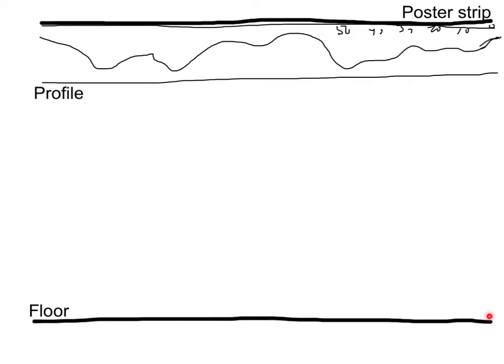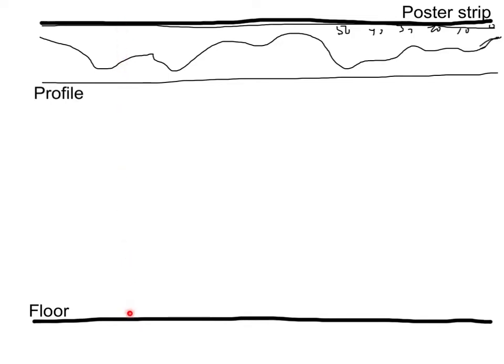So first, before we start doing any measurements at all, we have to calibrate the velocity on the ball drop, the ping pong ball drop, and that's what those calibration measurements are that we'll see in a minute. Each of the groups dropped the ball from the poster strip, measured how long it took to get to the floor, and did that multiple times so that there would be replicate values.